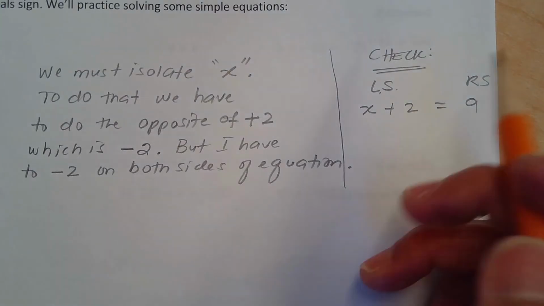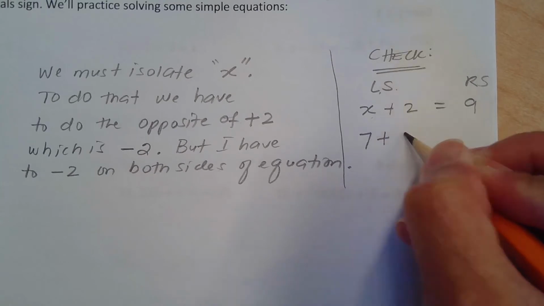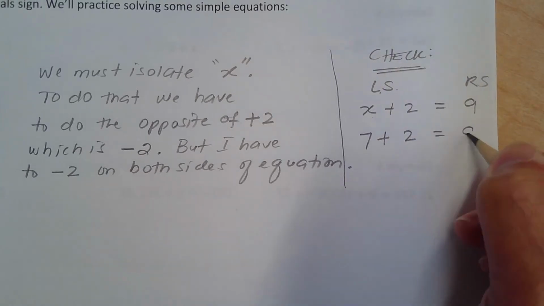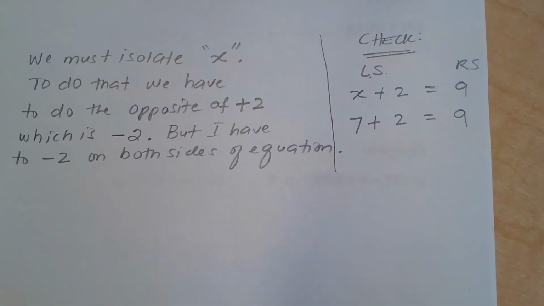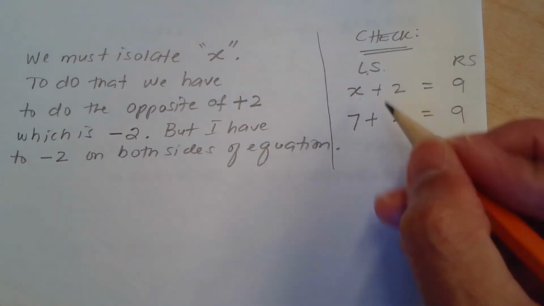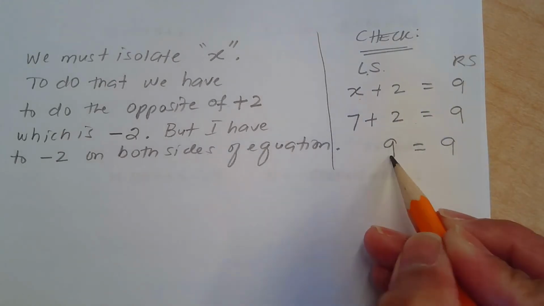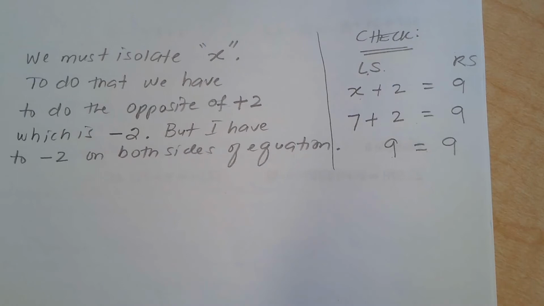We just figured out x. x is 7, so we're going to put 7 there. Plus 2 equals 9. And then you go 7 plus 2. Yeah, that's 9 equals 9. Is 9 equals 9? Yeah.